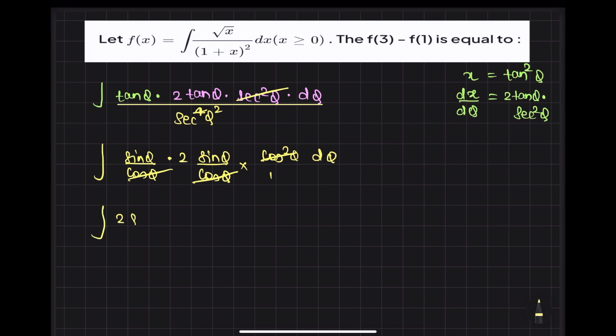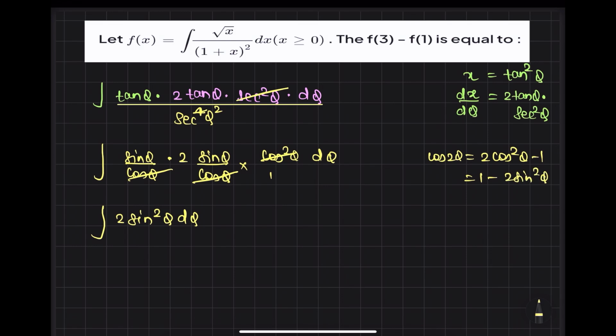We don't know how to integrate 2 sin square theta. If it is sin theta, we are comfortable, but here it is sin square theta, we are not comfortable. So how will we handle it? We will break this power. Whenever you wish to break the power, try to take help of cos 2 theta. So it is 2 cos square theta minus 1, or 1 minus 2 sin square theta.